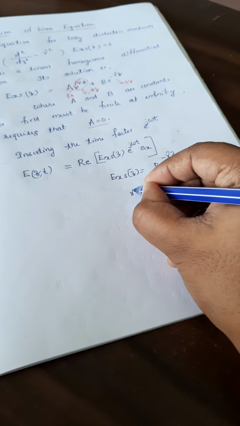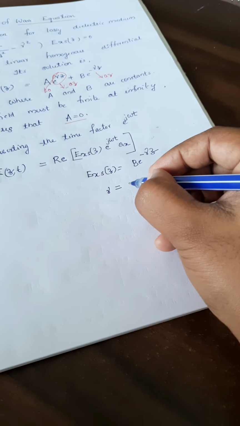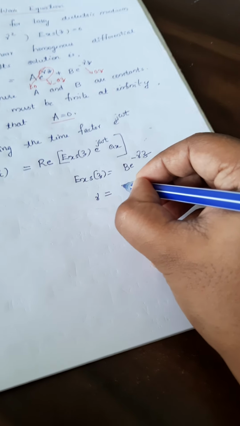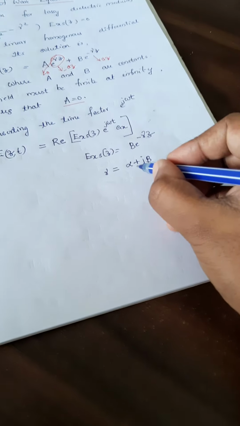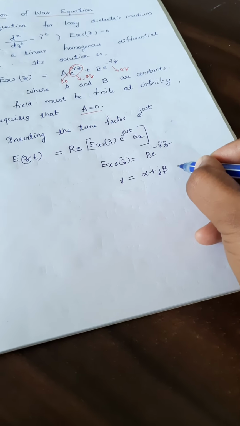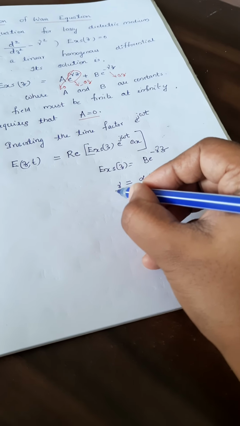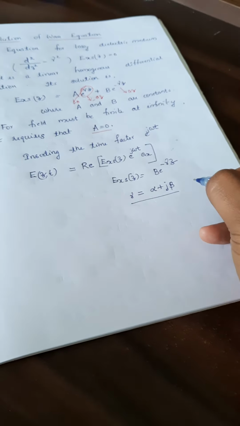This gamma is the propagation constant, and we can take it as alpha plus j beta, where alpha and beta are other constants that we define later.